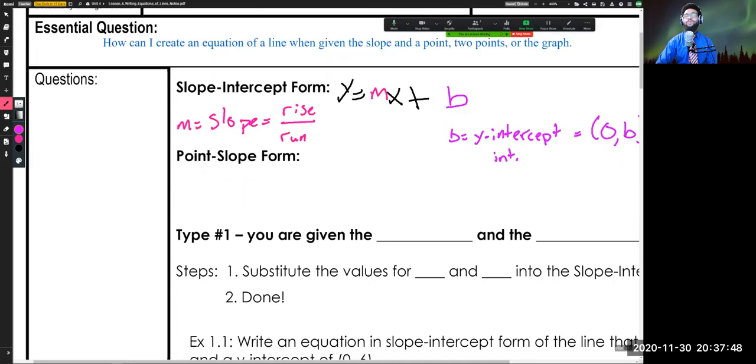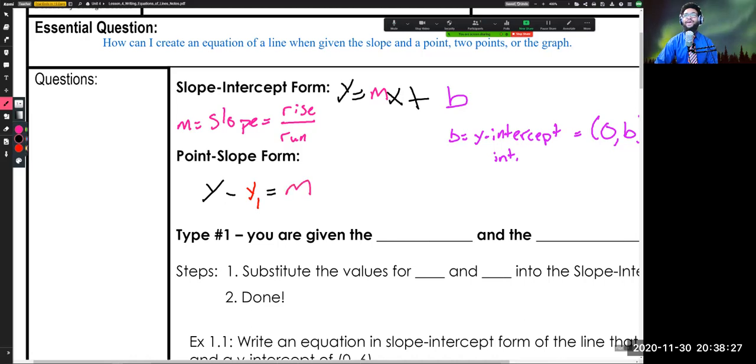Now we have our point-slope form. That's a new bit of information that we're going to use later on. Our point-slope form looks like y minus, and then I'm going to do y1 as red, y1, and I'll explain that in a minute. y minus y1 equals m, same m as before, so we'll have that same color.